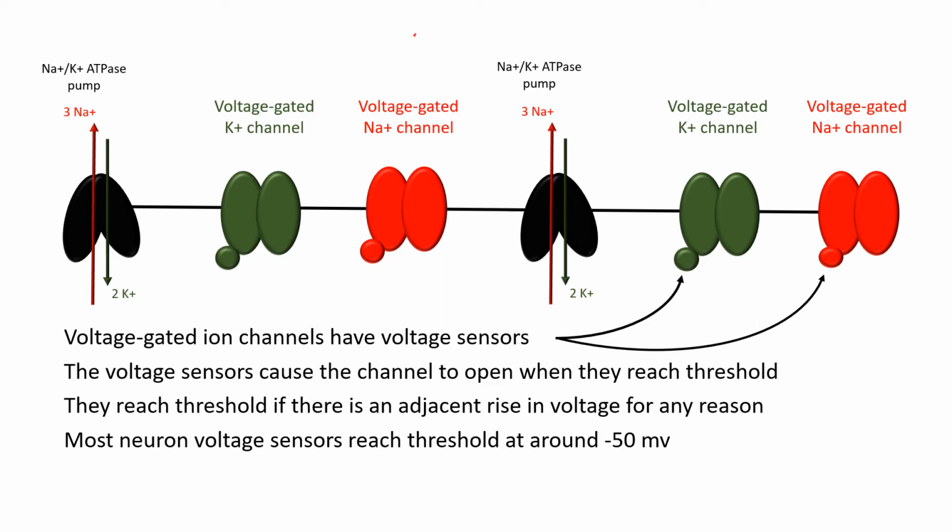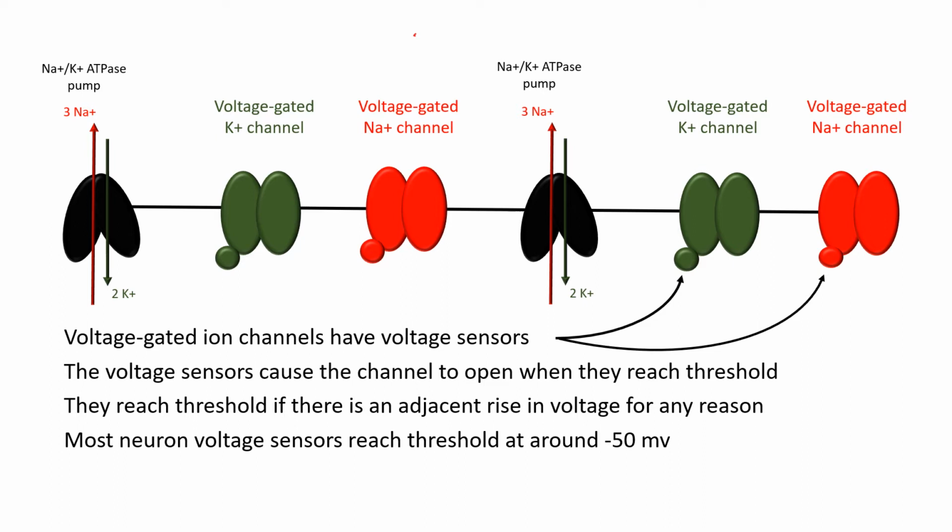Most neuron voltage sensors reach threshold at around minus 50 millivolts. And if you remember, a neuron's resting membrane potential is minus 70. So this is getting, bearing in mind we're talking minuses, closer to 0.